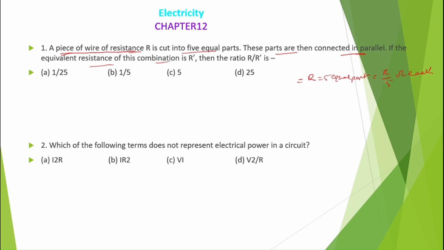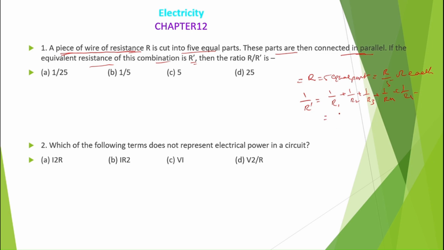These 5 resistances are connected in parallel. So the equivalent resistance, whatever answer you are getting, that is 1 by R dash. 1 by R dash is equal to 1 divided by R1 plus 1 divided by R2 plus 1 divided by R3 plus 1 divided by R4 plus 1 divided by R5.